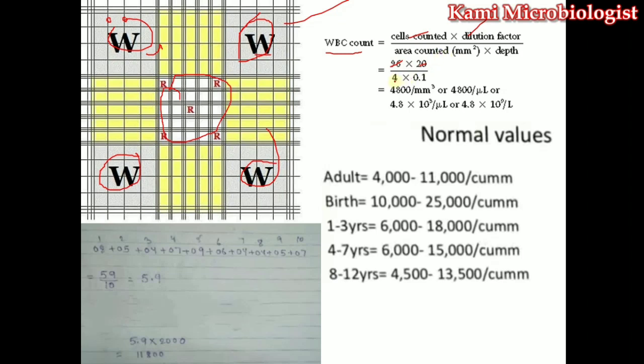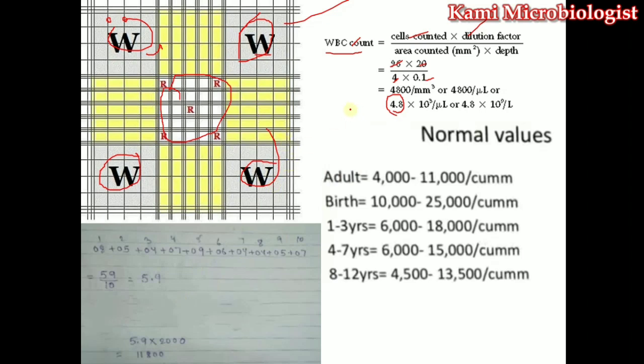The area counted is 4 squares, and the depth is mostly 0.1. Multiply each of these and you will get the value, and then multiply it by 10^3. So this is how you can find the WBC count using this formula.